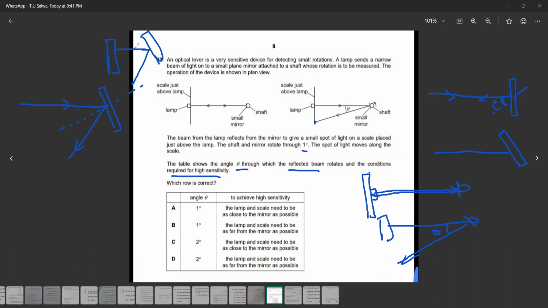Because if the angle of incidence is 1 degree, the angle of reflection will also be 1 degree. So if this angle is 1 degree, this angle will also be 1 degree. So what is the total angle rotated? That will be equal to 2 degrees. Is it clear? The first part: how the angle is 2 degrees.